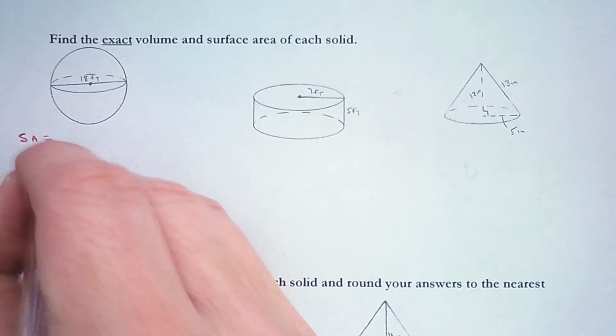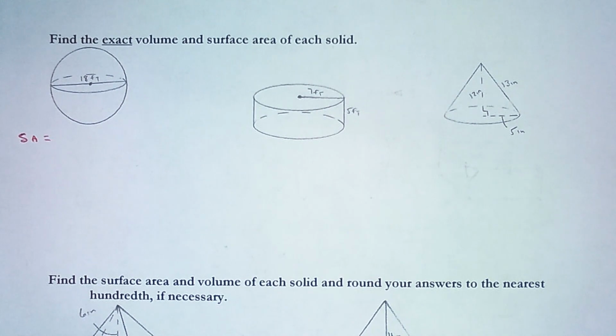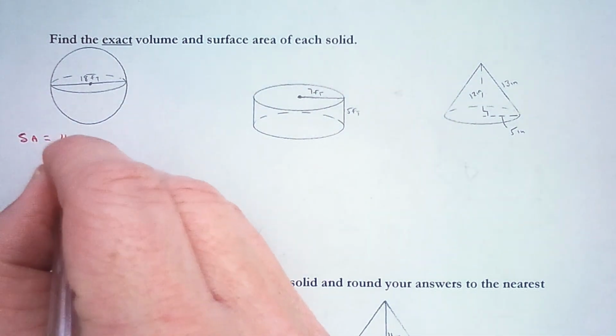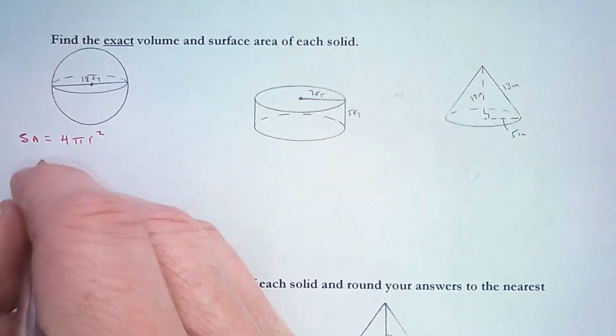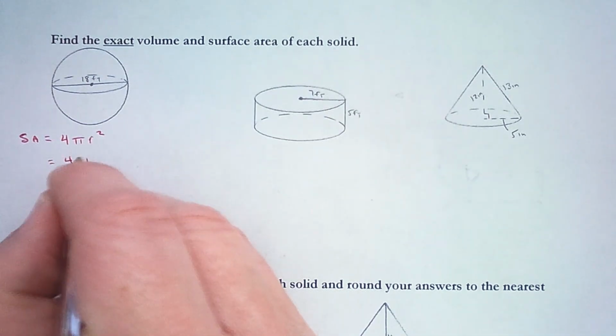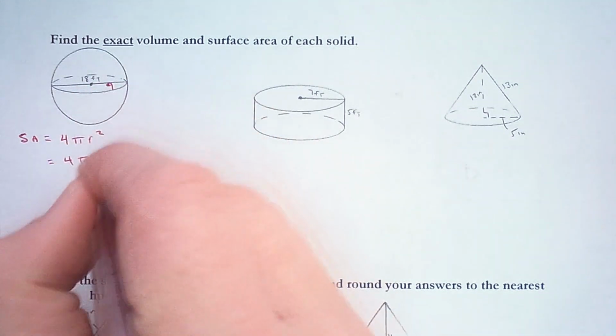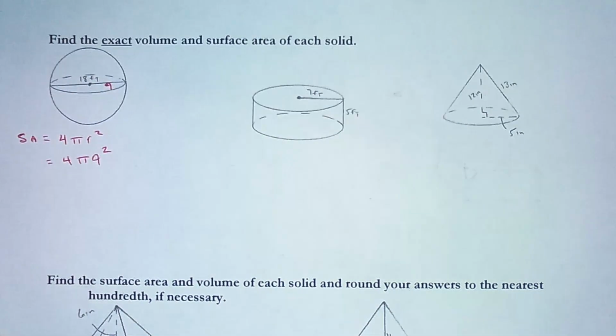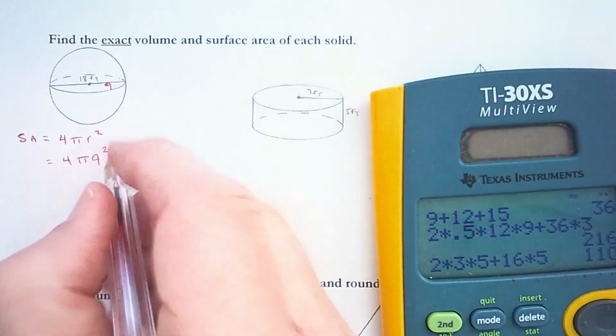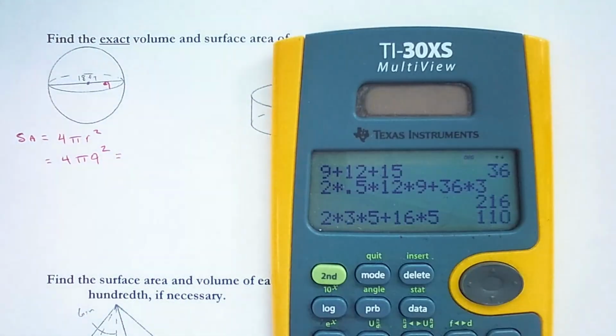So surface area equals, for a sphere, surface area is 4 pi r squared. So we have 4 pi, and then if the diameter is 18, that means the radius is 9, so 9 squared. And it says exact, so we will not put pi in the calculator.